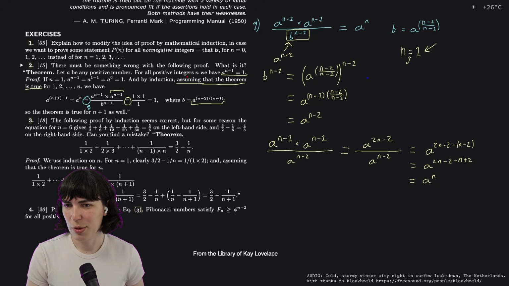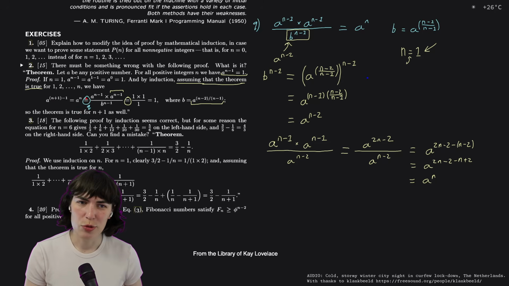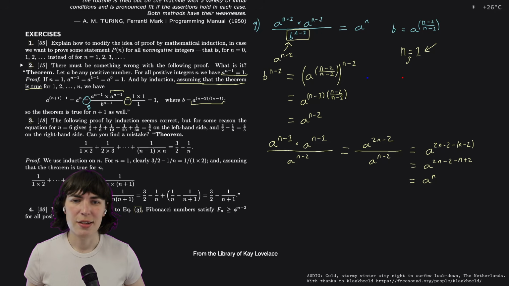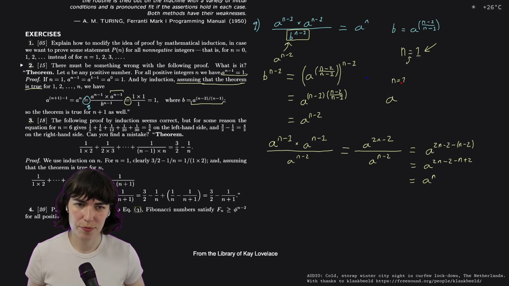Fine. By induction, assuming that the theorem is true for 1, 2 through n, we have that this whole thing. So I guess this has to be true for n equals 1. And in the case where n is 1, we would have this term, which is on the bottom of this division here.